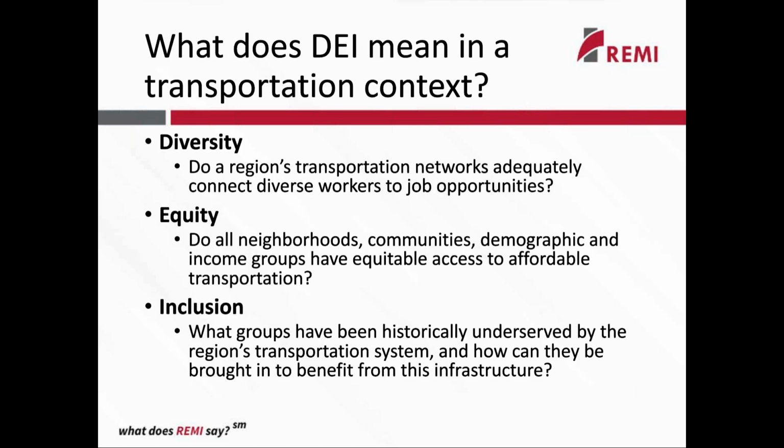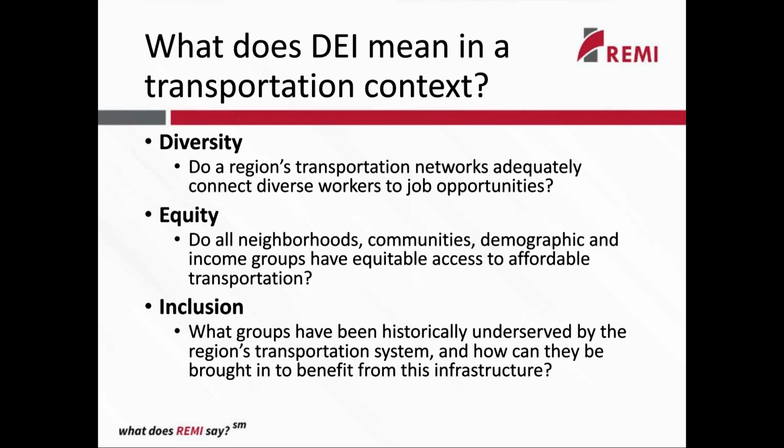So without further ado, I'd like to start us off with some definitions for what diversity, equity, and inclusion means in a transportation context. When we are asking about diversity with transportation projects, we're thinking about whether a region's transportation networks adequately connect diverse workers to job opportunities.